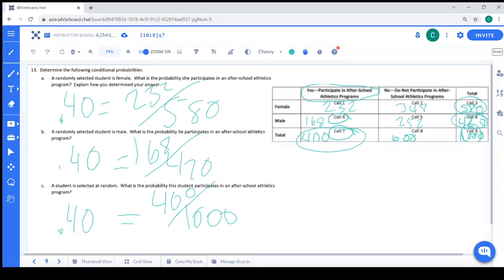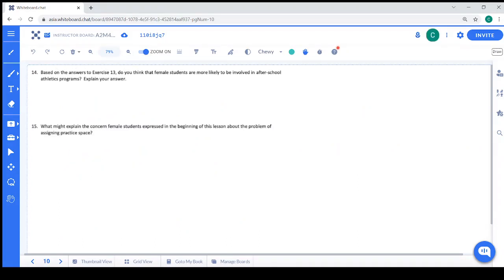Now, if all three of these, males that participate, females that participate, and the entire school that participates, think about this question. Do you think that female students are more likely to be involved in after-school athletic programs?